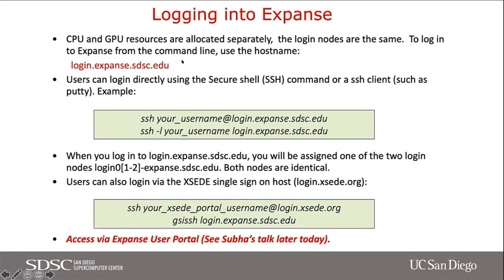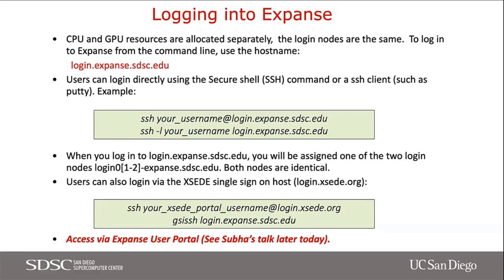So you can log in to login.expanse.sdsc.edu. If you have an SSH client, you can just directly SSH using your username. I think I missed one question on the previous talk where somebody asked if the allocation IDs will be the same.